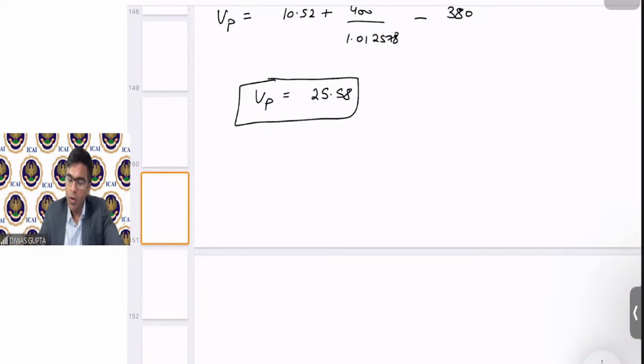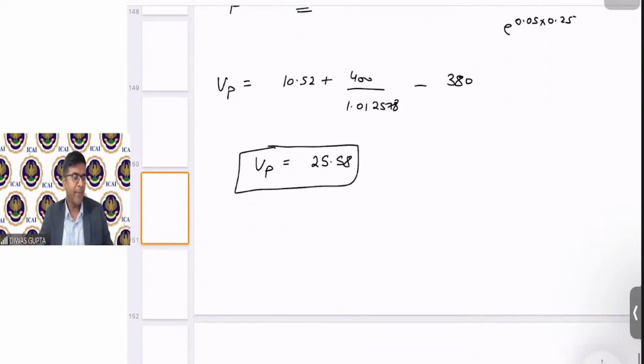So the value of put option becomes 25.58. Okay.